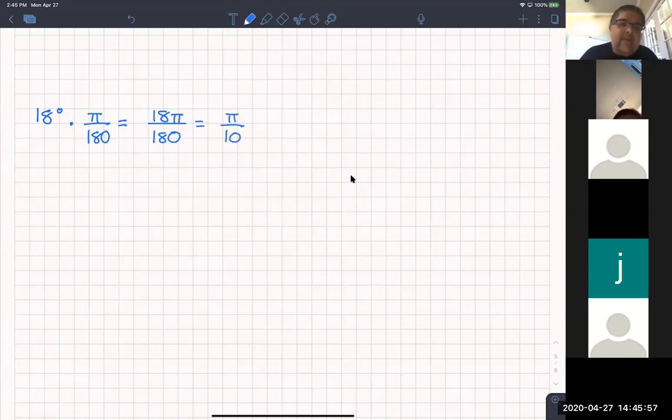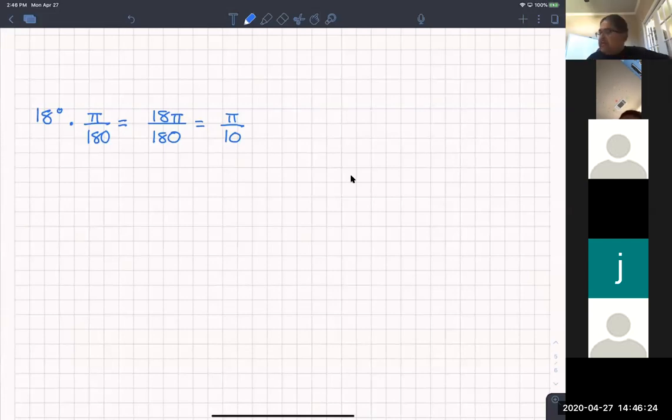So 18 degrees is equivalent to pi over 10 radians. It's just a way of converting it. It's no different than when you're measuring length. You can measure it in feet or in meters. You can measure something in ounces or in gallons. So you can measure an angle in degrees or in radians.